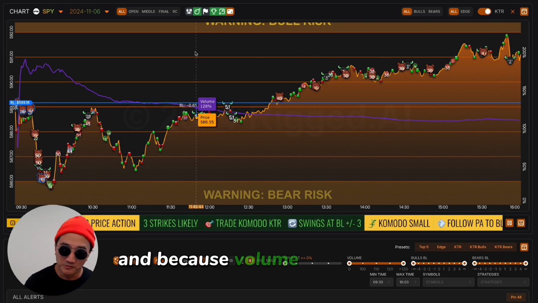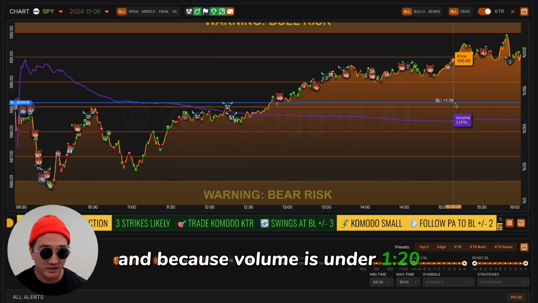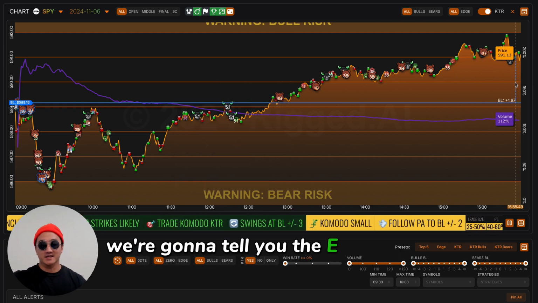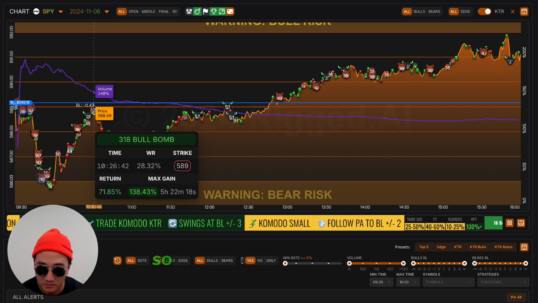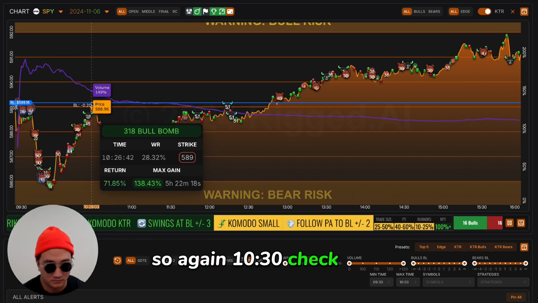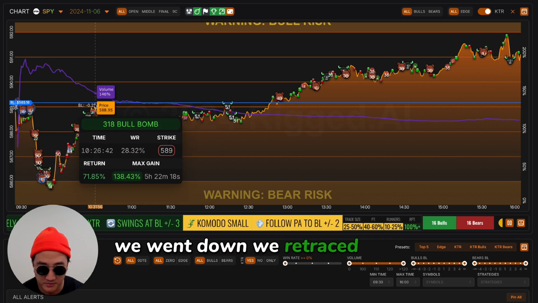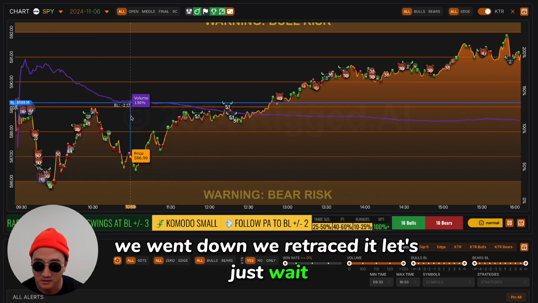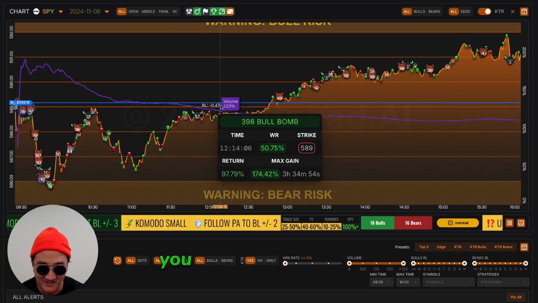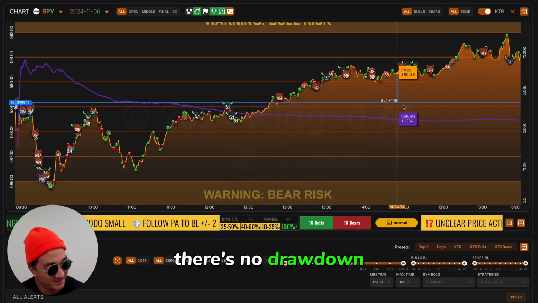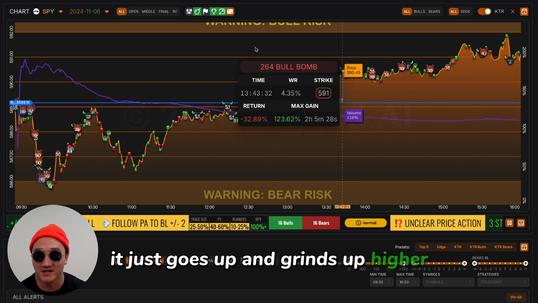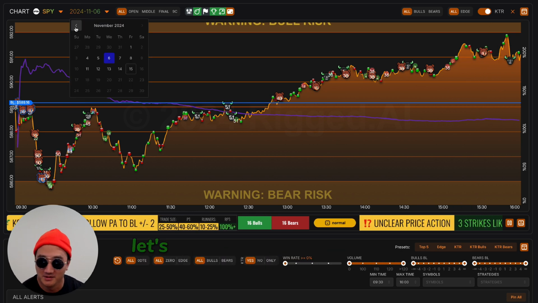And because volume is under 120, we're going to tell you the E for exit is in the yellow. So again, 10:30 check. Okay, we went down, we retraced it. Let's just wait. You get the option alerts and these things win immediately. There's no drawdown. It just goes up and grinds up higher. Absolutely beautiful.